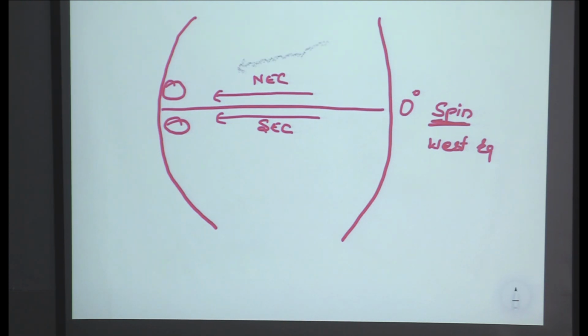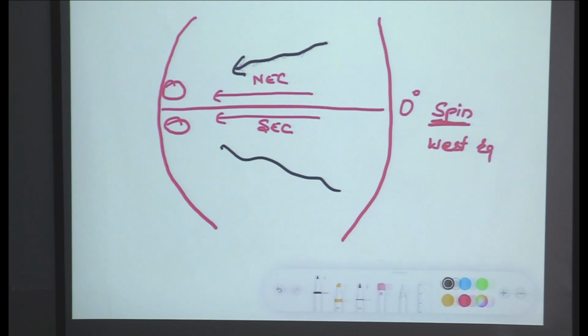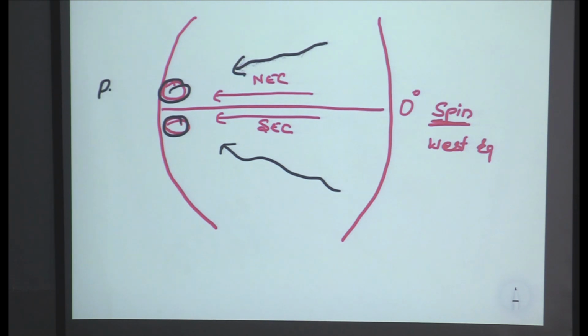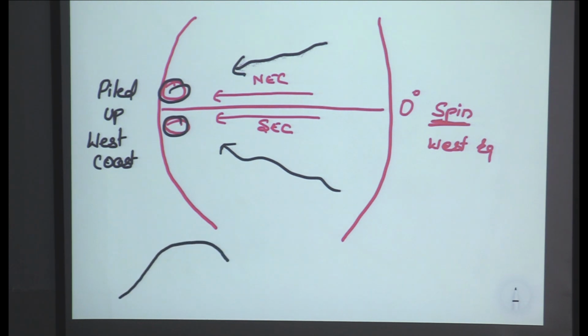Northeastern trade, southeastern trade. So water is piling up right here. So piled up water, where? At the west coast. And if I take reference of this lower latitudinal piled up water, what will come in? So piled up water will tend to create this type of a water mound.